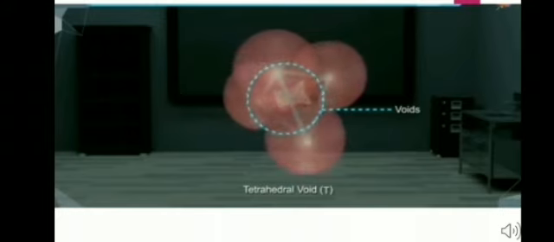In some places, the triangular voids of the first layer coincide with the triangular voids of the second layer, such that their triangular shapes do not overlap. At such places, another type of void is formed, called an octahedral void, since an octahedron is formed by joining the centers of 6 surrounding spheres.